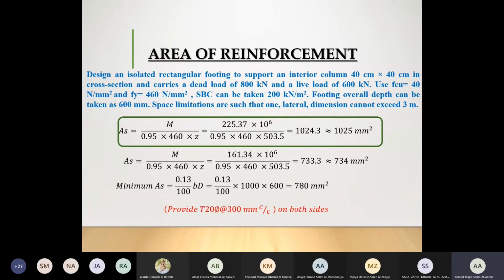For the other direction of 1.1, we have it as 734, which cannot be taken. We will take the minimum because the minimum is 780. So we have two values of reinforcement. In one direction, it's 1025 as required. The other one, 780 as required.